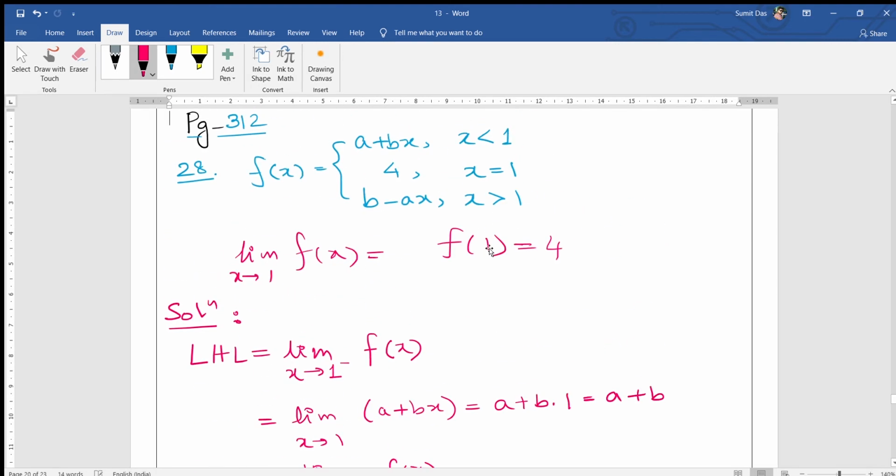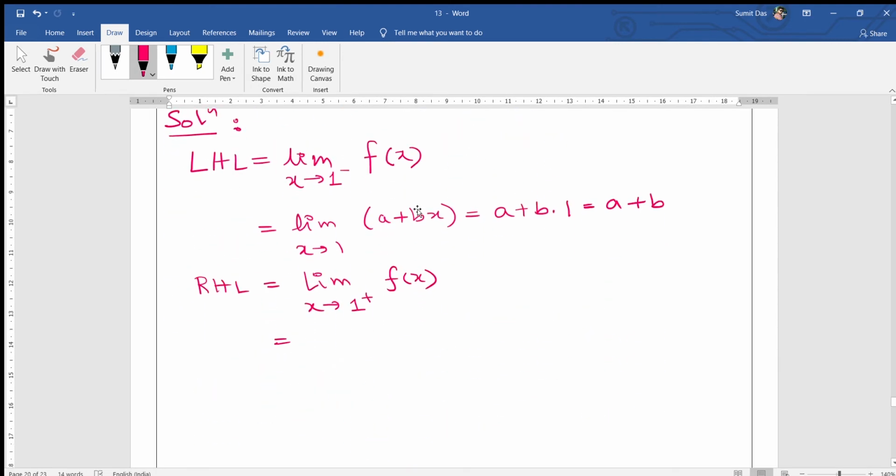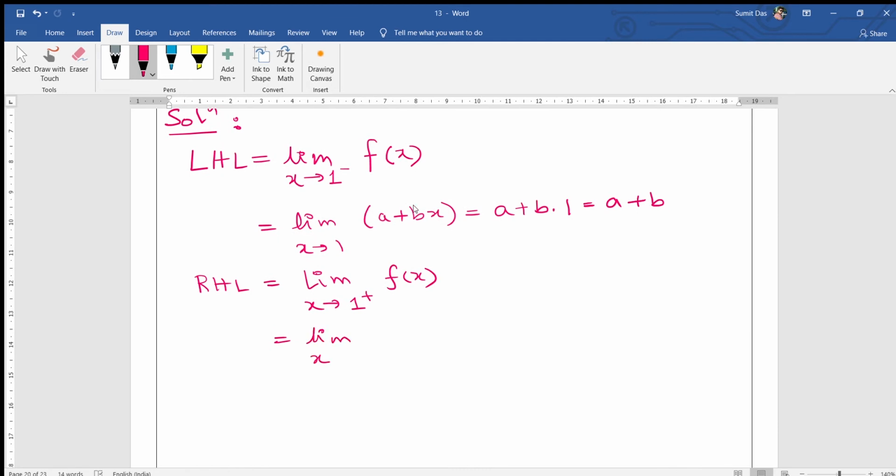We'll use the second function, where x is greater than 1, this b minus ax. So here it will be the limit as x tends to 1 of b minus ax. If you put the value, it will be b minus a into 1. So ultimately it will be b minus a.